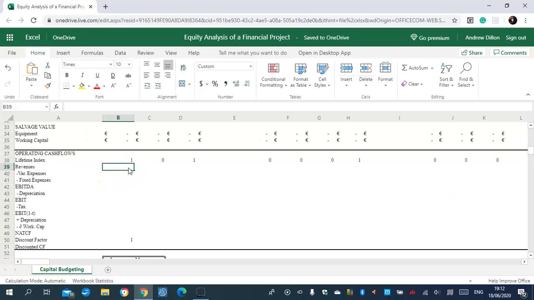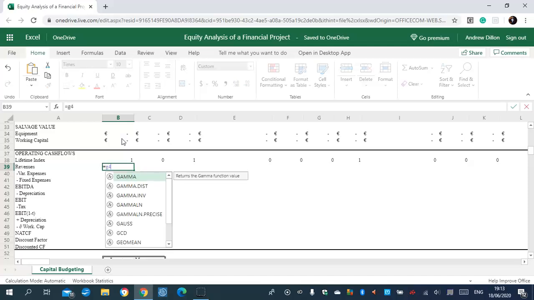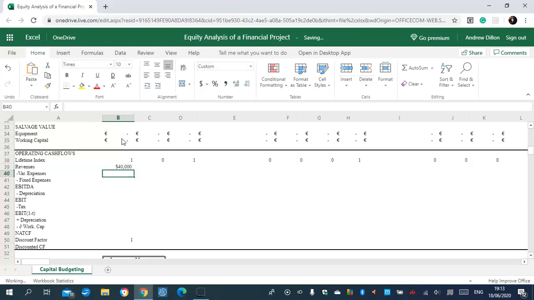Okay. Next one is going to be about the revenues in the operating cash flows. The first one, which is B, is just equals G4. Convert that to euros. Then the next one, C39, will be a long sum.